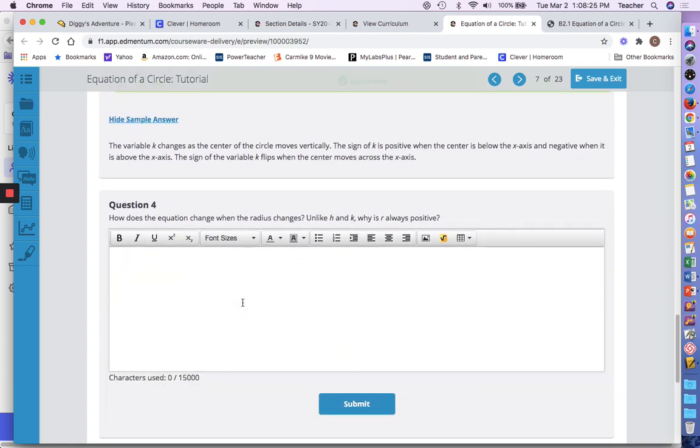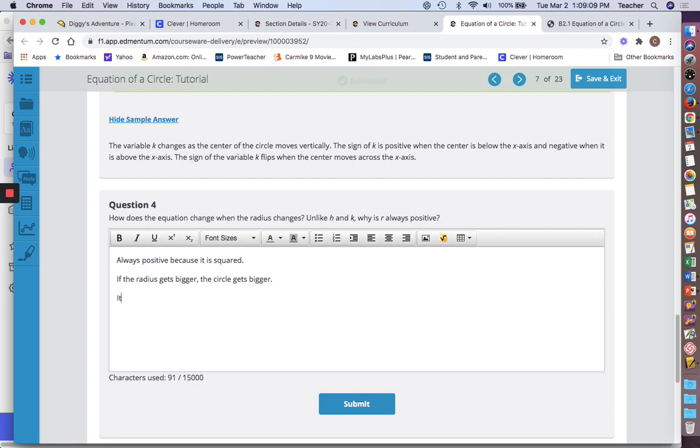All right, question 4. How does the equation change when the radius changes? Unlike h and k, why is r always positive? Well, it's always positive because it's squared. Squared numbers are always positive. So a circle check: if the radius gets bigger, the circle gets bigger.